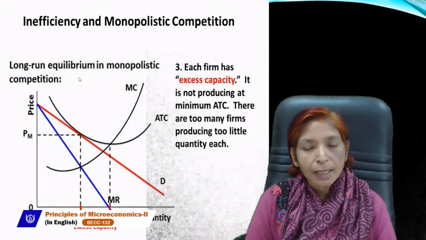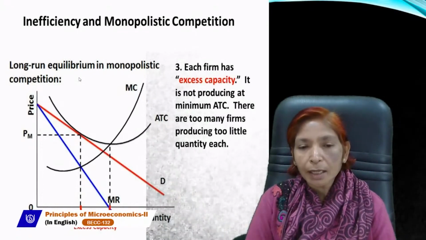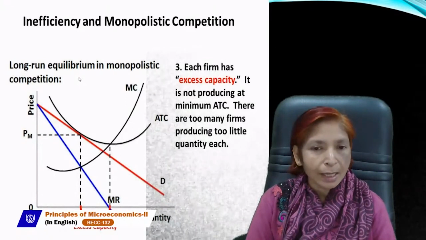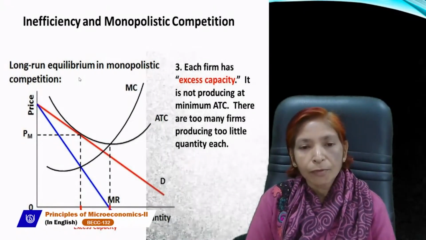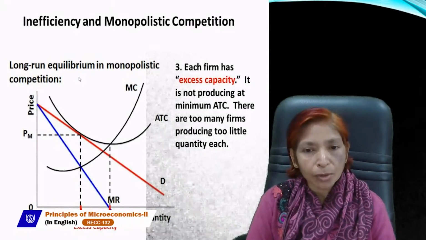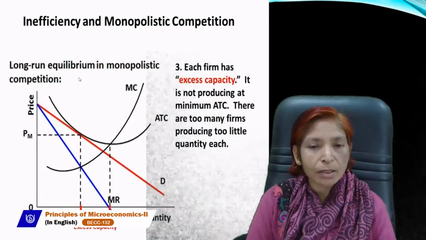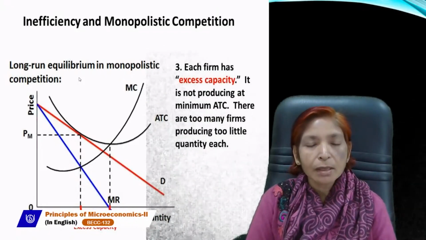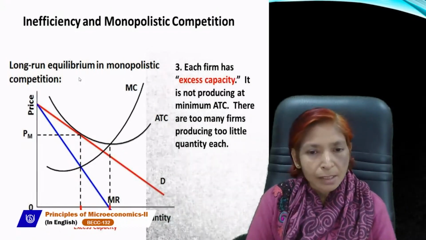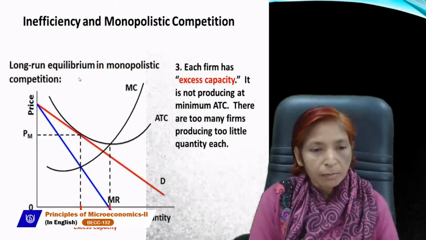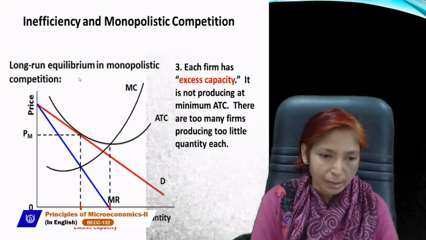So excess capacity shows that the producer is charging a higher price and producing less. The firm has resources to produce more, but is not fully or efficiently using its resources because the firm's aim is to earn maximum profit. That's why the firm is inefficiently using its resources.